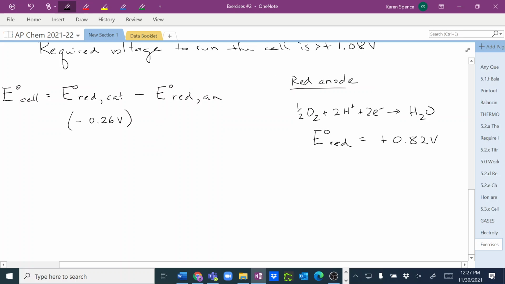Then we would go minus positive 0.82 volts, and you end up with the same negative 1.08 volts.